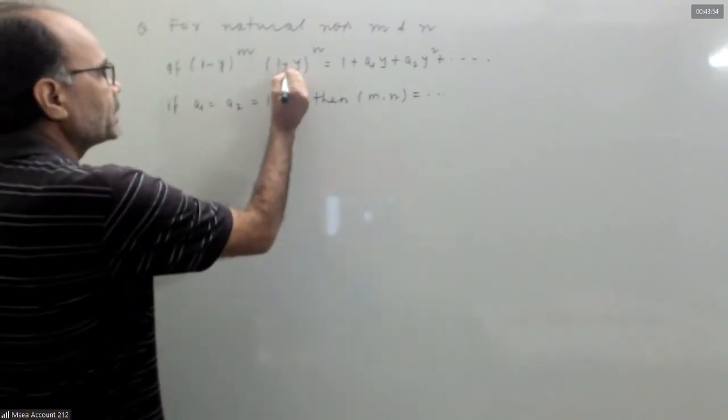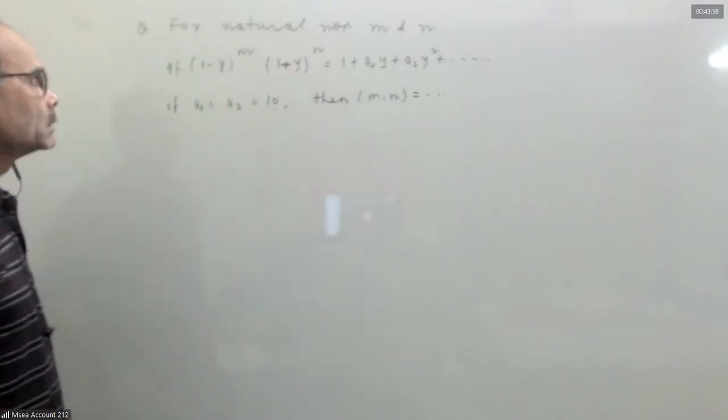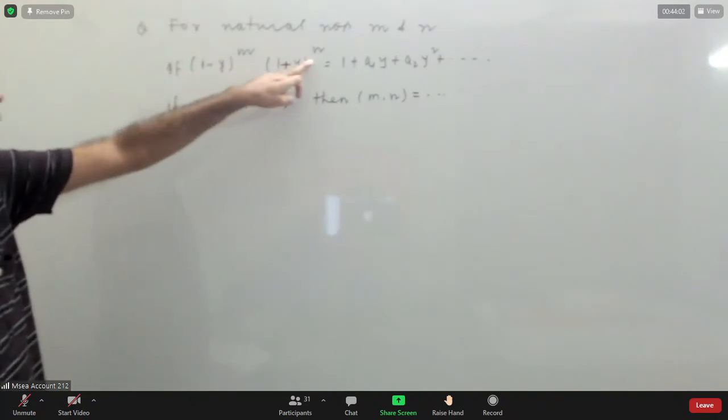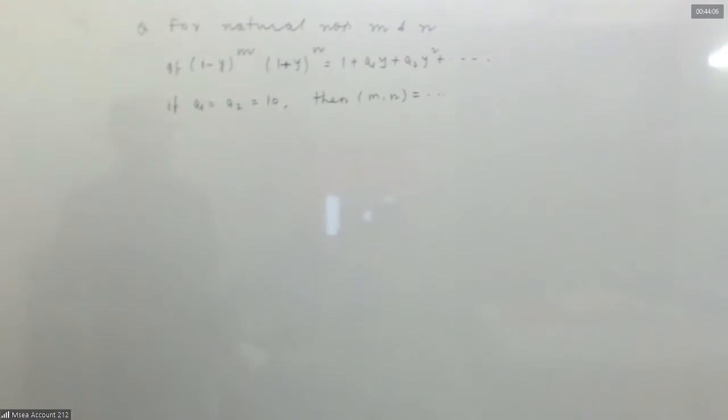It is 1 plus y here. Wait. Here it is 1 plus y. 1 minus y to the power m into 1 plus y to the power n is equal to that.